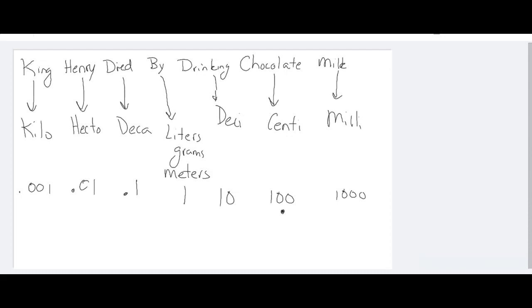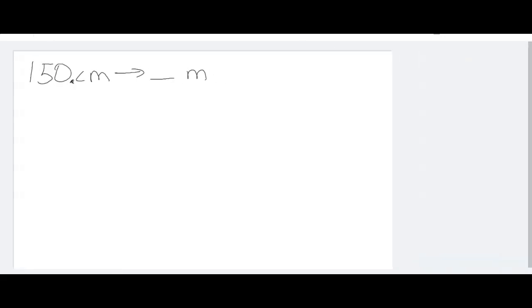And in order to get to meters, we would jump 1, 2, and we went to the left. So we are going to do the exact same thing over here. We are going to go 1, 2 places, and so our answer would actually be 1.5 meters.